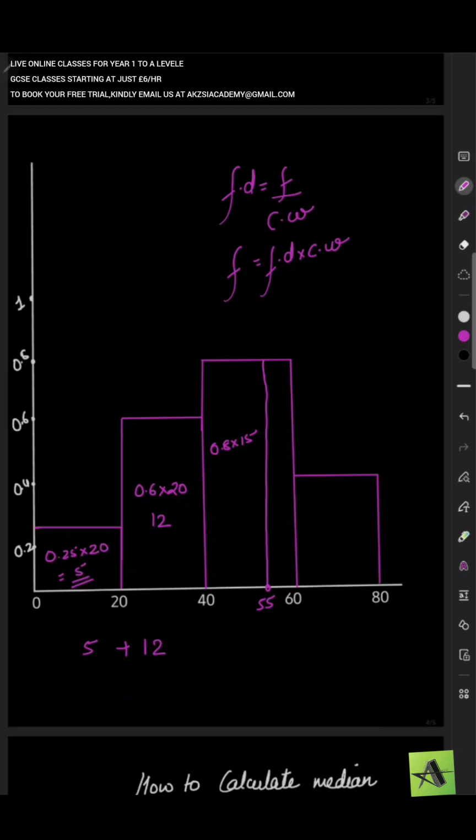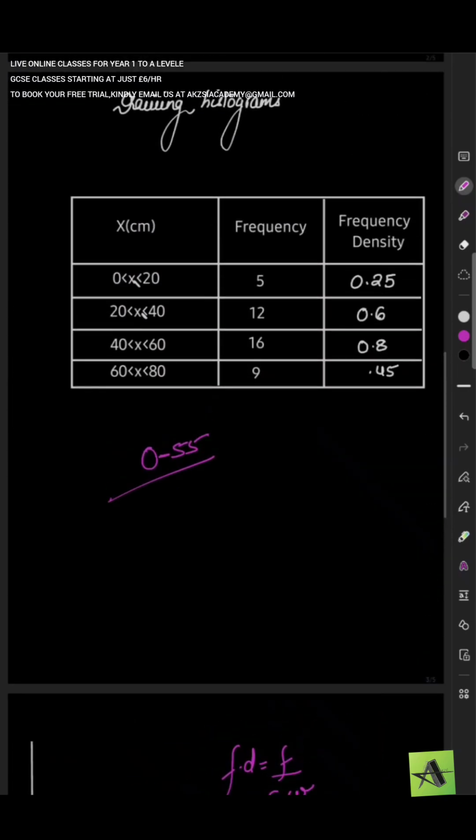So 0.8 times 15 will give me 12. So plus 12, that means 29. So there are 29 potato bags that have their weight between 0 to 55 kg, and that's how you can calculate.